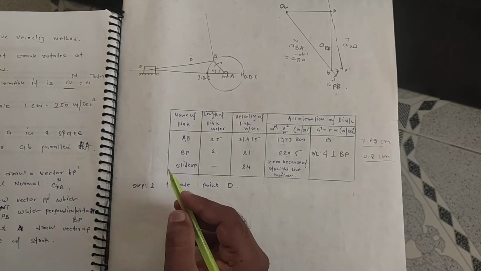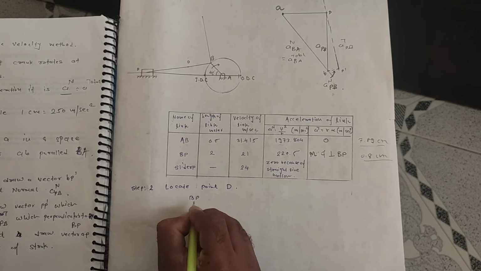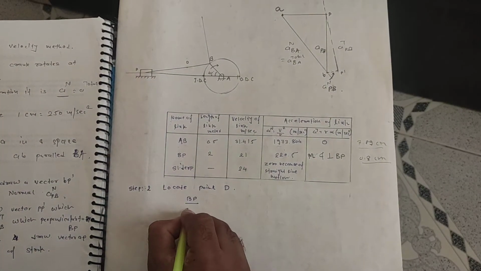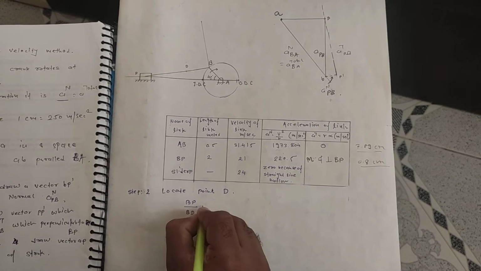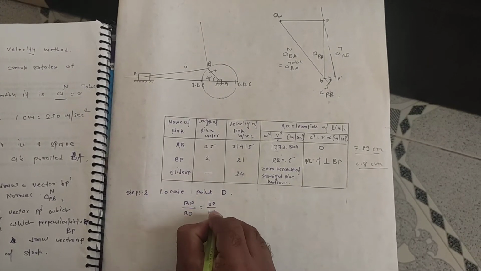Same way over here we have to use the similarity rule, that is BP upon BD, vector BP upon BD.